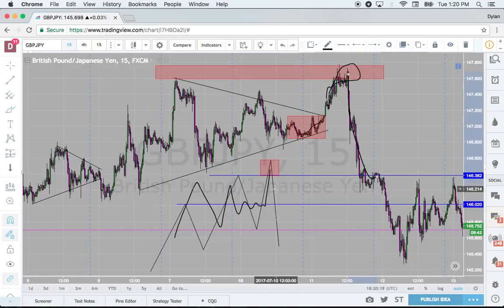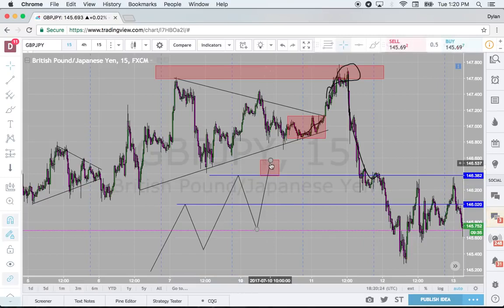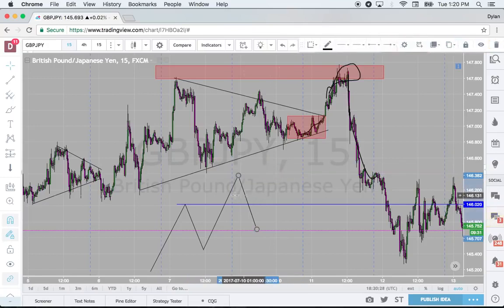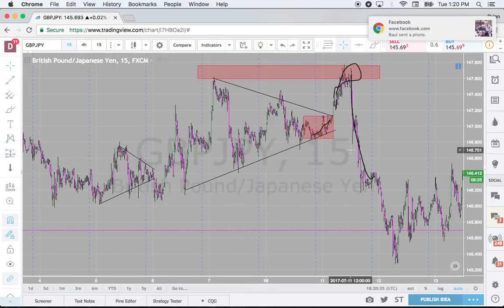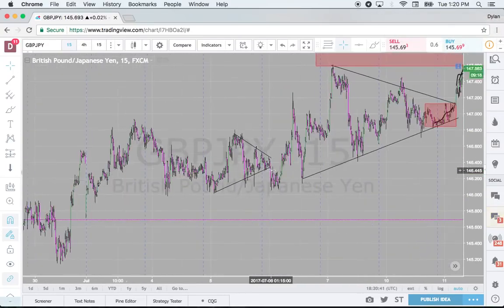So basically that is the concept behind this entire trade, this entire setup. And now that you know that concept, it's a lot easier to understand these fractal scenarios, these multifractal setups.